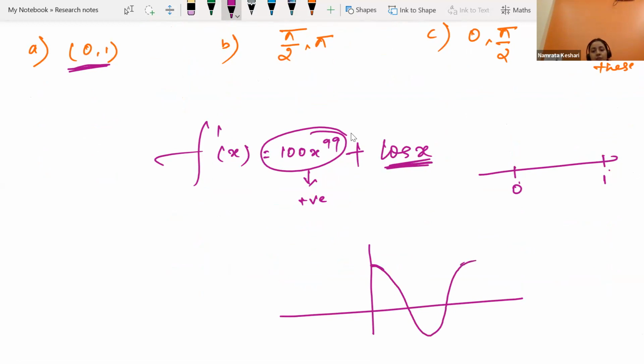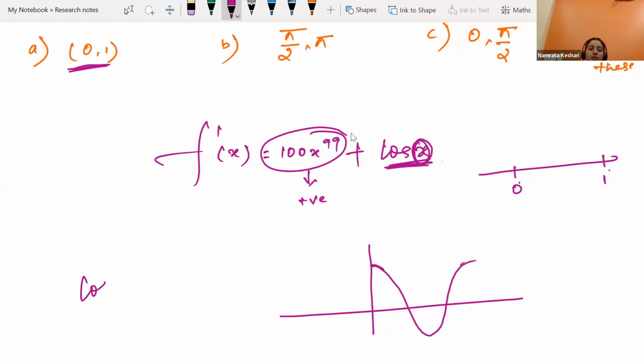Like this, the graph keeps on going. So can we say that if the angle is in between 0 to 1, it will be positive? Yes.